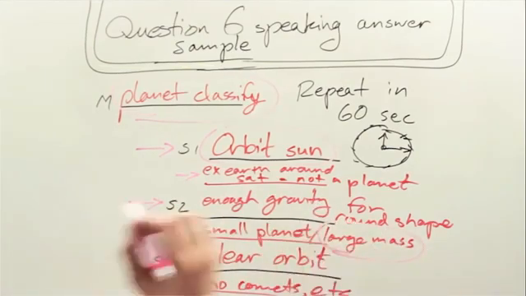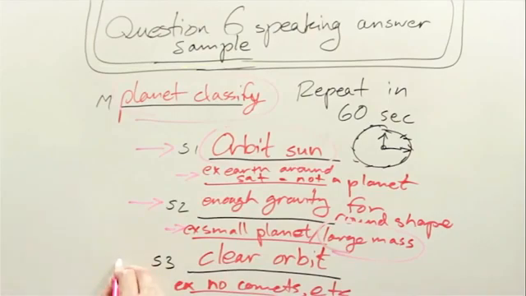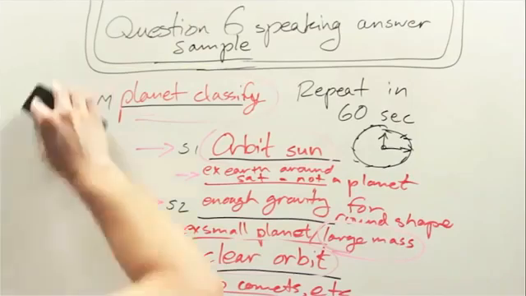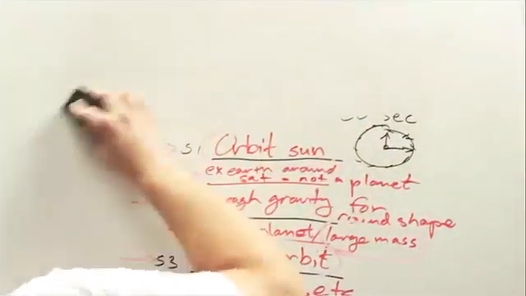A small object could be a planet, for example, as long as its mass is enough for gravity to make it a round shape. And lastly, the object must clear its orbit. This means that the object doesn't have anything in its path, for example, asteroids, comets, or especially other planets.